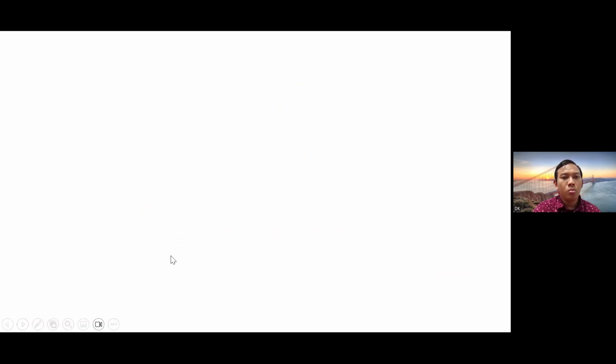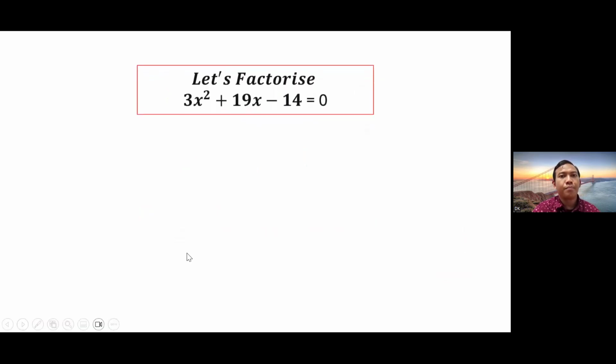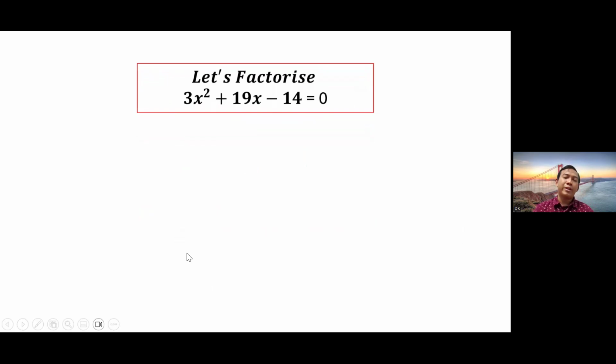Okay, so now we go on to the next part. What if we factorize, or in this case solve, 3x squared plus 19x minus 14 equals 0?